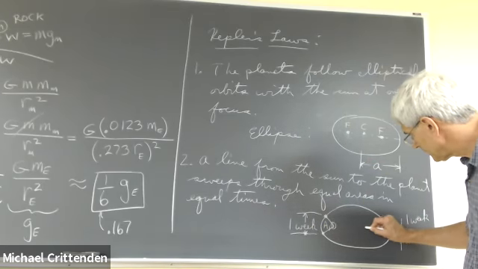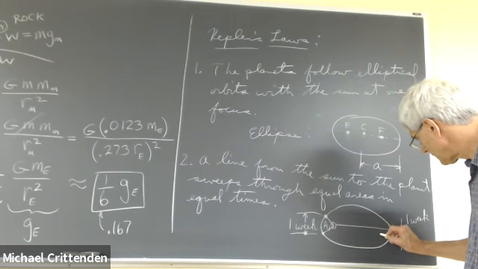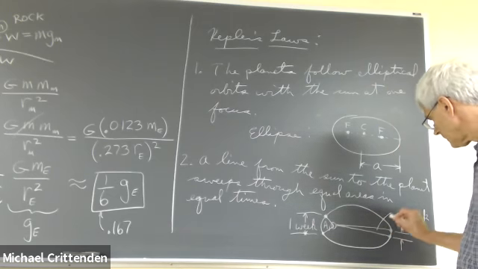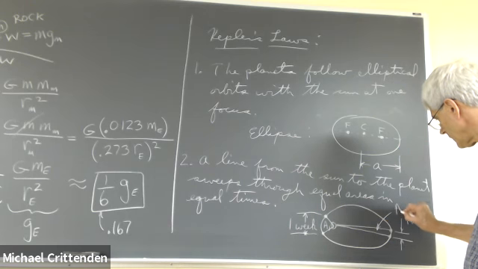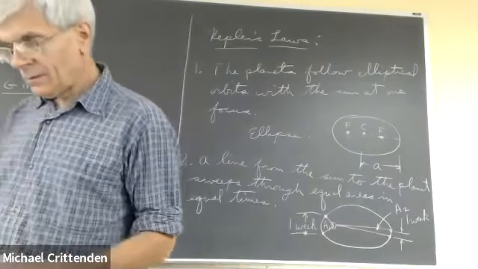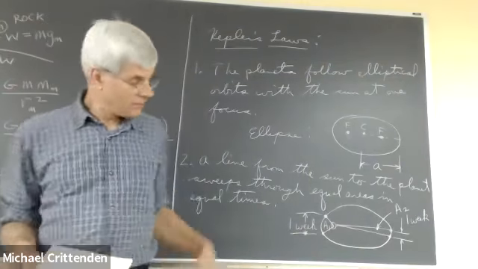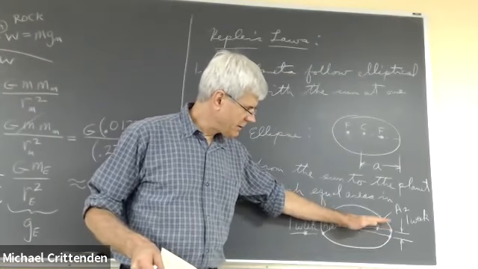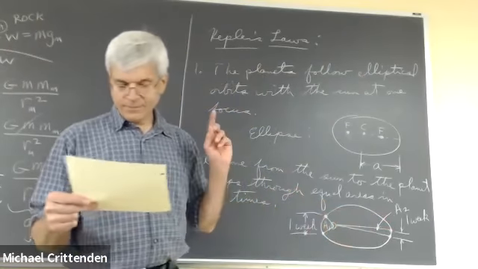And over there, the line from the planet to the sun sweeps through an area A2.